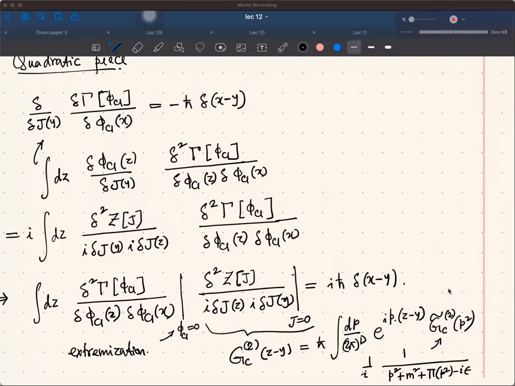That is the complete exact propagator in momentum space, where pi is the self energy. So now let us use it.